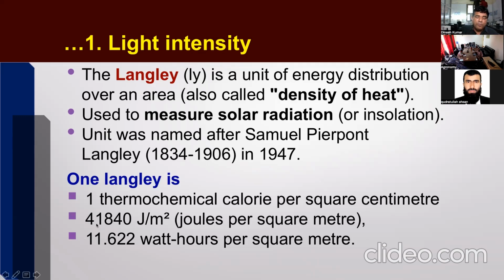It is equal to 41,840 joules per square meter, or equal to 11.622 watt hours per square meter. So friends, these are all equal units for Langley. Don't bother, this is small physics. I'm also not very good in these units, but at least you can remember that Langley is the unit of light intensity.